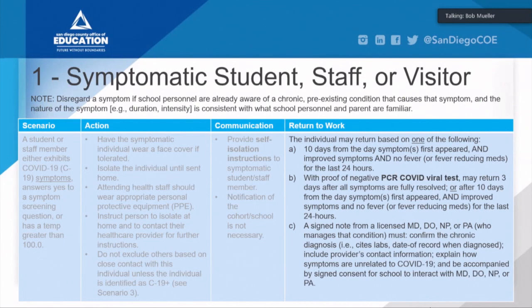At this point, the only people that we need to send home to quarantine are those that have known close contact with a positive COVID-19 case. So until we know more about the symptoms and the condition of the person that we send home, we don't have to send home siblings necessarily or other people in the cohort, like Bob said. That's the letter of the law right now. Who knows if that will change in the future.